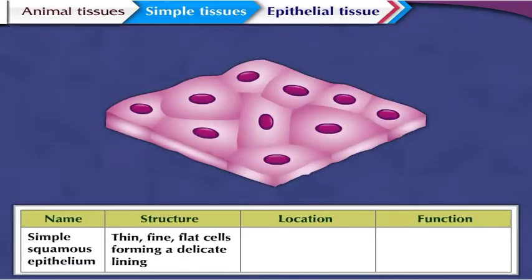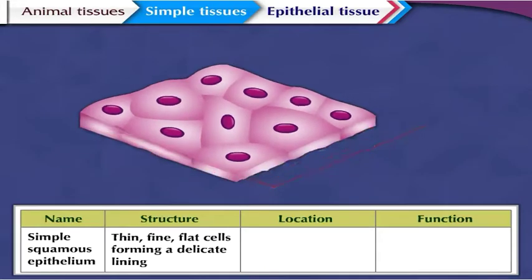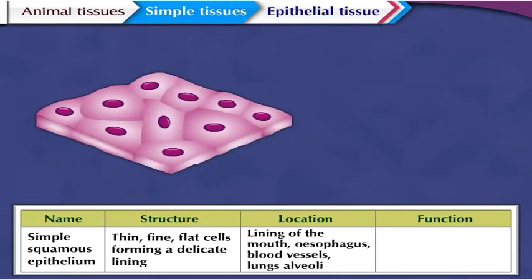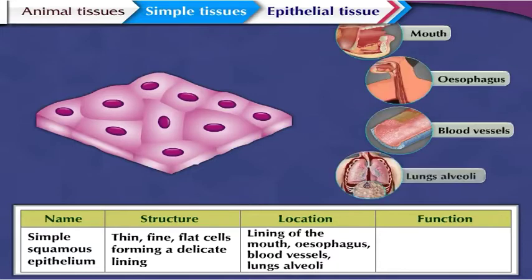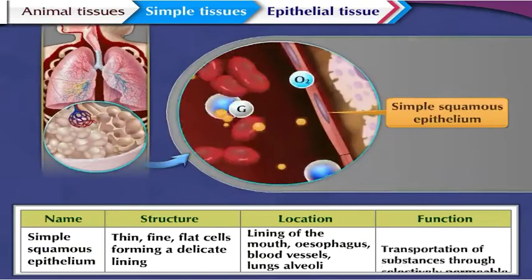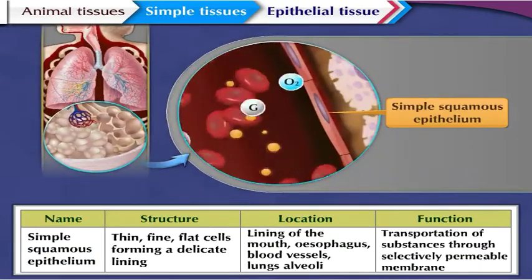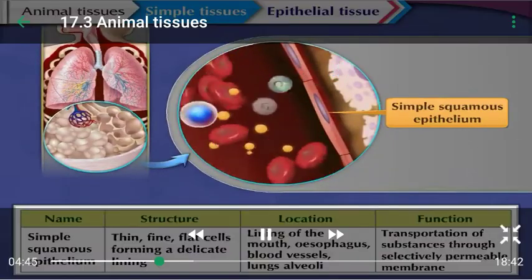The cells of this tissue are extremely thin, fine, and flat, and form a delicate lining. These cells are situated in the lining of the mouth, esophagus, blood vessels, lung alveoli. It performs the function of transportation of substances through selectively permeable membrane.